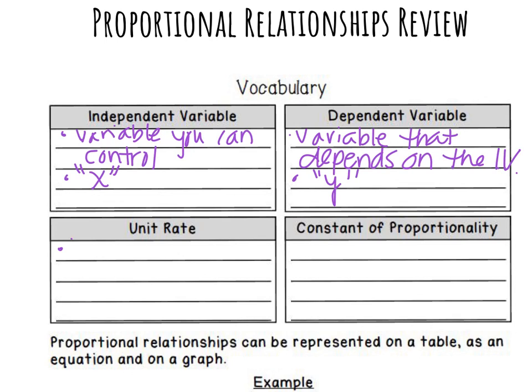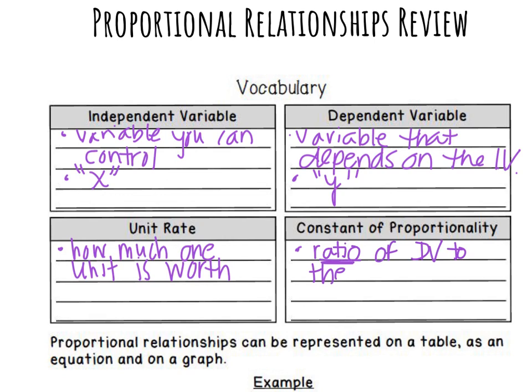The unit rate is how much 1 unit is worth. So it depends on what your variables are, but the unit rate is what you get when it's just down to 1 unit. And then the constant of proportionality is the ratio, which means to really divide, the ratio of the DV to the IV.